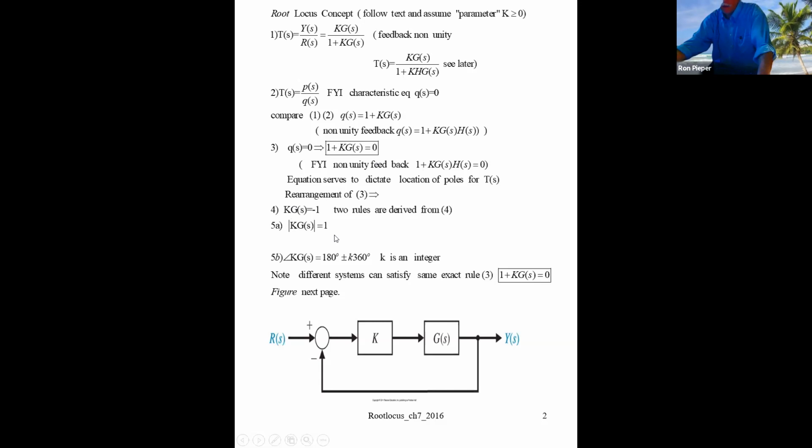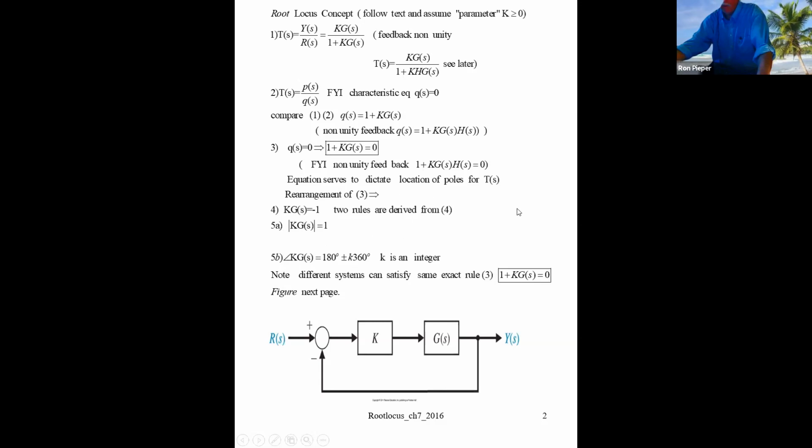And secondly, another important rule that finds its way into the collection of rules needed for root locus is that the angle, or the phase, associated with k times g of s, which in general could be complex, must be 180 because it has to equal -1.